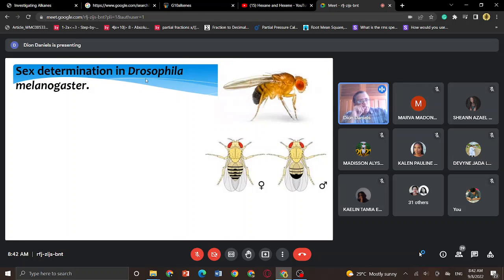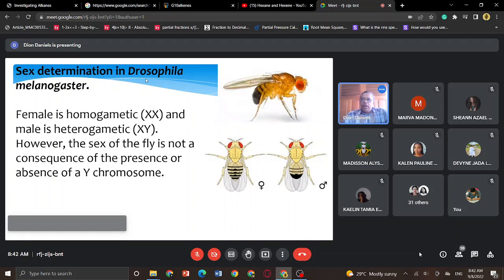So sex determination in Drosophila melanogaster. This is the fruit fly that we see right here, right? Female is homogametic and male is heterogametic. But this male here, this XY that you see there, is not male because of the Y that you see there.